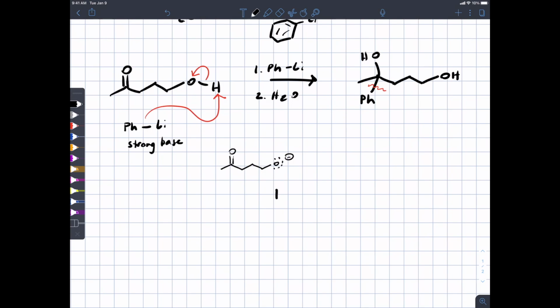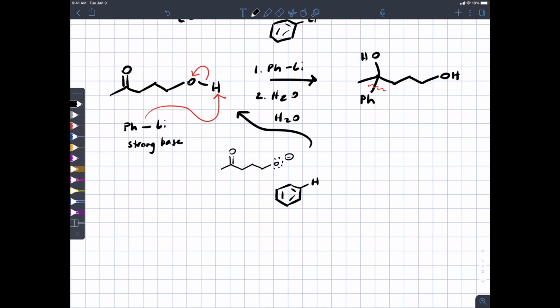So what we have just done is found a really expensive way of making benzene, and we've got the conjugate base of our molecule, which when we add water is going to go right back to our starting molecule. So this is an exercise in futility. It's pointless, and it's a problem.